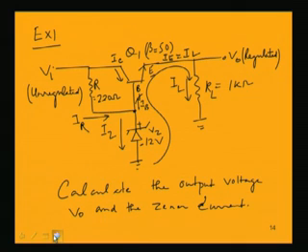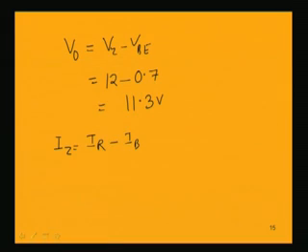or we can also see that IB into beta plus 1 equal to IE, even without assuming IB. By equalizing IC and IE, we can also see that beta plus 1 into IB is equal to IE.